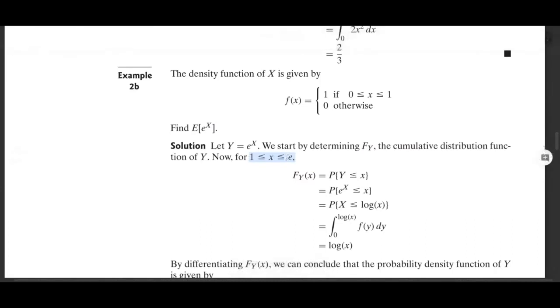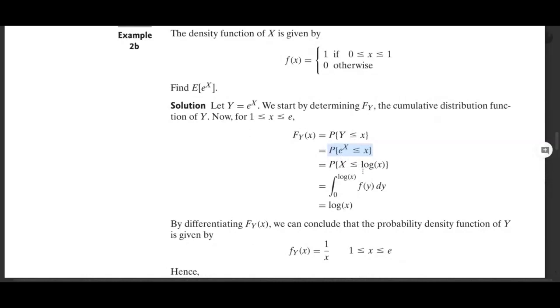I think here we should use little y instead of x. But anyway, F of y of x equals the probability of y less than or equal to x. That's the definition of F, the cumulative distribution. So that means probability of e to the x less than or equal to x.